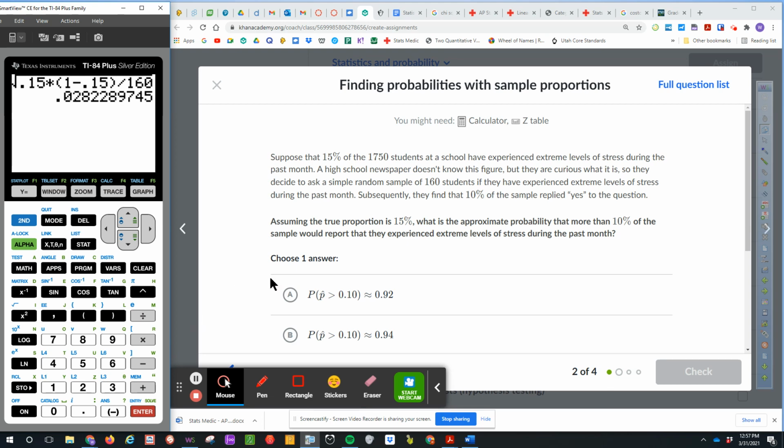So here it's 0.02823. Let's put it in 4 decimal places.